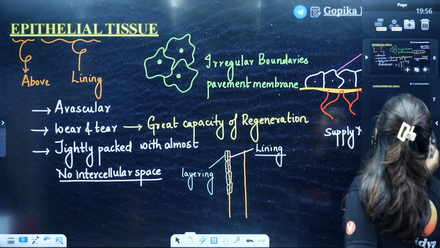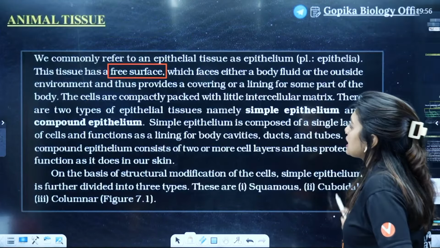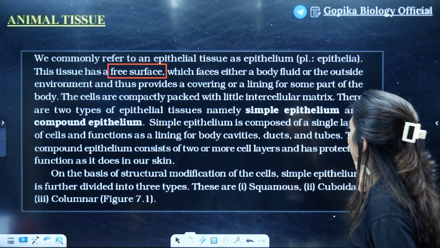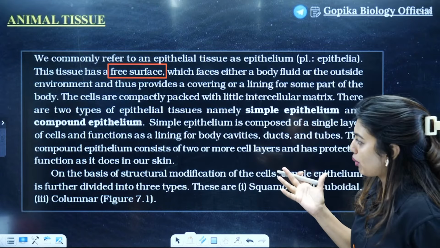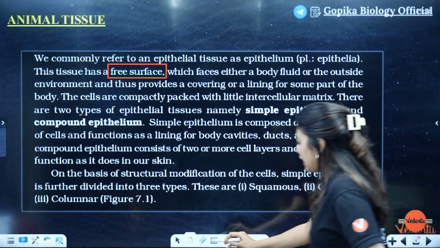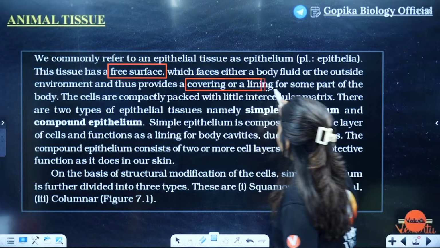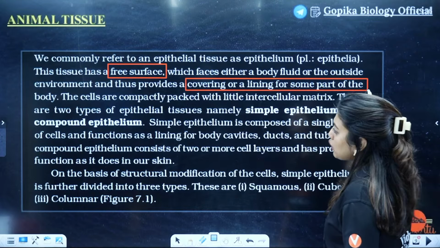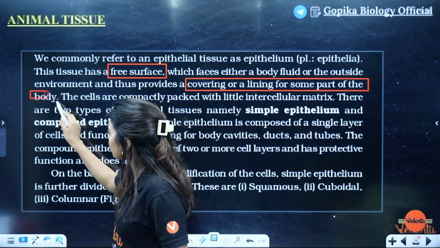Okay, now continuing. The free surface faces either a body fluid or the outside environment and thus provides a covering or lining for some part of the body. I told you, layering, like that.